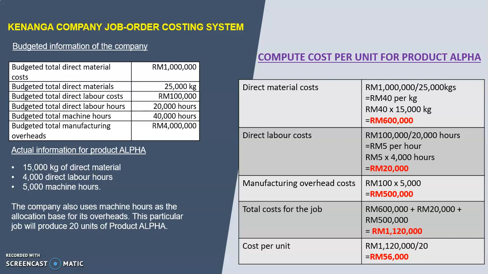The total is RM 1.12 million. Since we produce 20 units of product alpha, 1.12 million divided by 20, each unit the cost is RM 56,000.